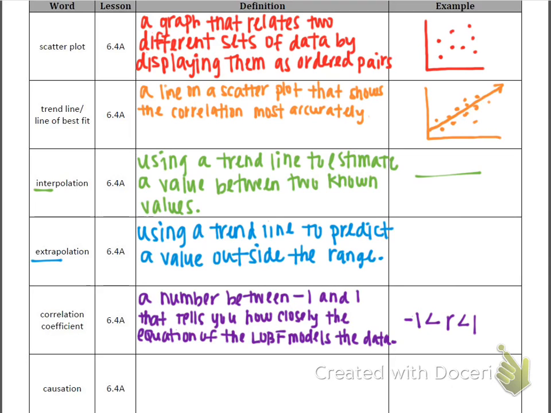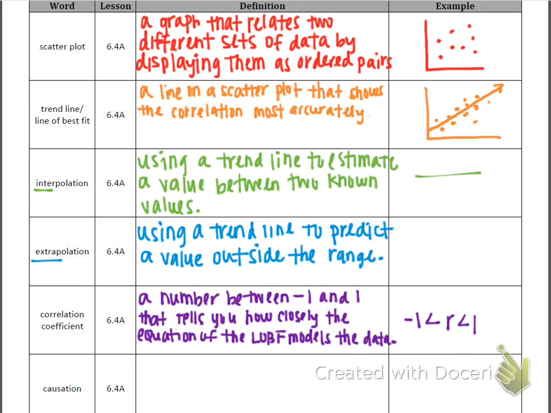Back in the day, the very first year we taught this class, I had my classes calculate the correlation coefficient by hand. It is a lengthy process, and the equation, I'm sure I can find it for you guys tomorrow, takes up a whole page. Like it would take a whole page for them to do it by hand.